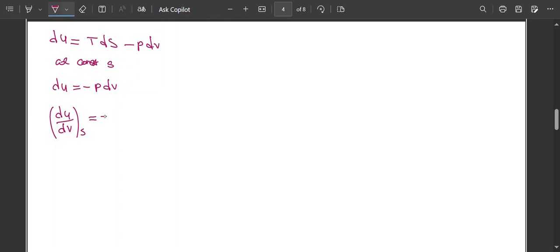Then this is equal to negative P dV over the same dV. So this dV goes. So we'll have dU over dV at a constant entropy, giving negative P. So from here, this is now one of our equations. I'll differentiate this one now. I'm differentiating with respect to what?